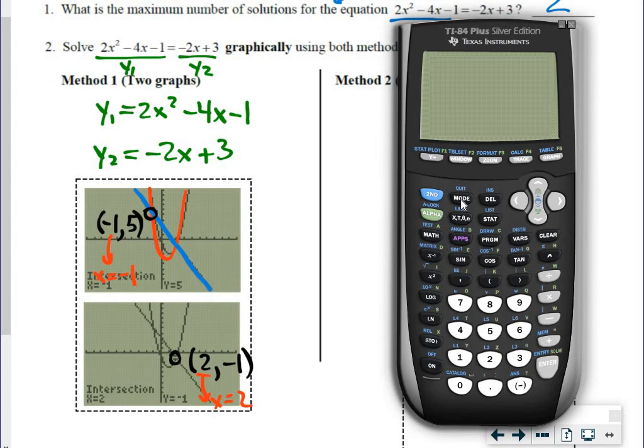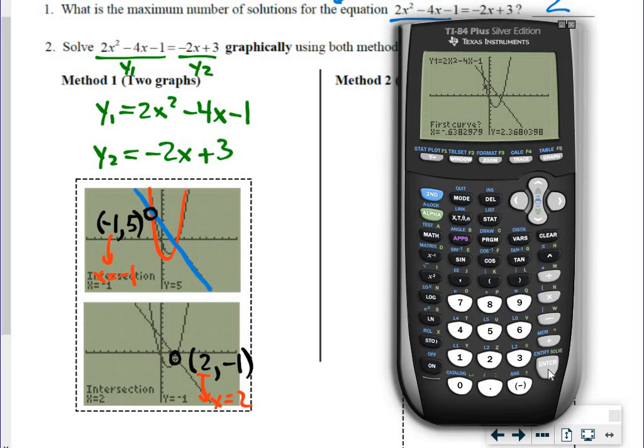So real quick, what that looks like on your graphing calculator: you go y equals, type your two equations in, so that's the left side, that's the right side, you hit graph, there's the parabola, there's the linear equation. We go second, trace, go down to number 5, intersect, and you need to pick the two graphs, and generally a good idea to pick 2 points on each graph in the neighborhood of the intersection point that you're interested in.